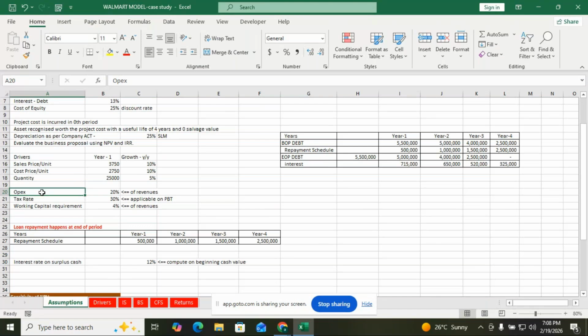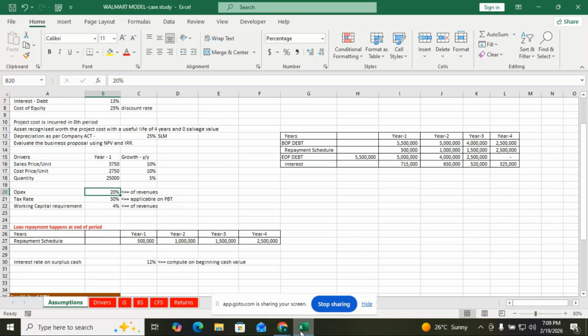OPEX means operating expenses. Operating expenses account for 20% of the revenues. So how do we compute the operating expenses? It accounts for 20% of the total revenue generated for that particular year. So 20% is the rate.